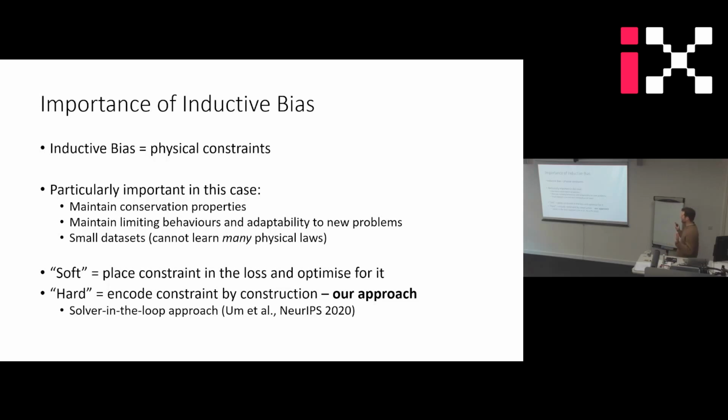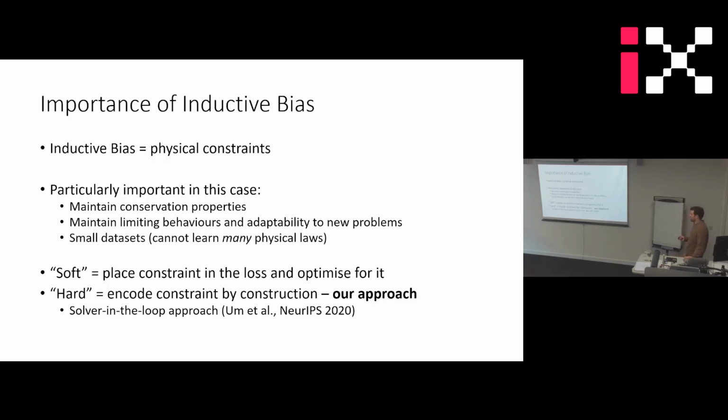Whereas if you give it free rein, it will probably match your training data really, really well, but will be very poorly adaptable. So it's also important for that. And also it helps you conserve things. So often your physical constraint might be conserve energy or momentum or something. So it helps maintain those.